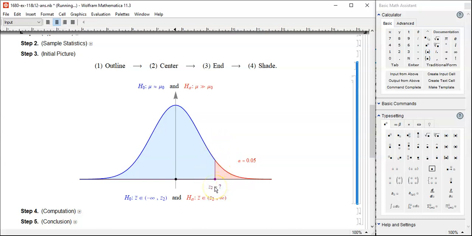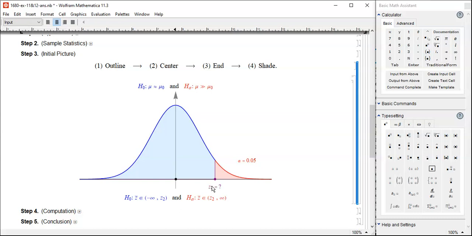And again, why right, why not left? Again, there's something to think about actually. And then we have to find the z-score for the observed mean, and then compare those two z-scores.